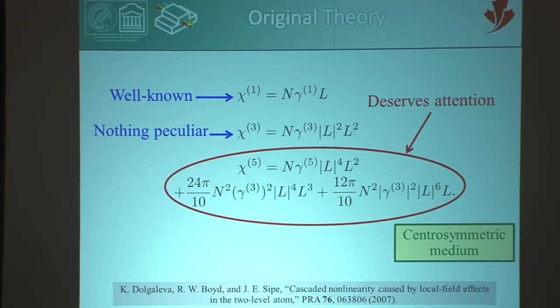So this is in centrosymmetric medium when we don't have Chi2 effects. It looks like this. Later we came up with a physical explanation, like what I showed at the beginning of the presentation, where neighboring dipoles just share their dipole moment oscillations by means of dipole-dipole interaction with each other. And this way we have higher order nonlinearity arising from a cascaded lower order effect happening at the very local scale.